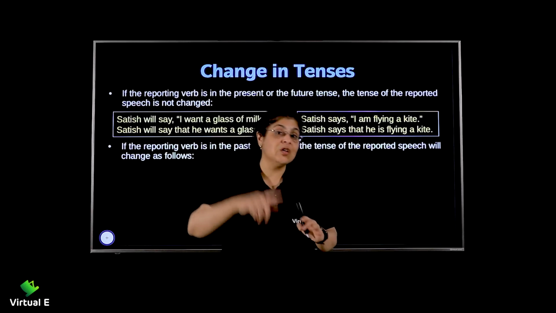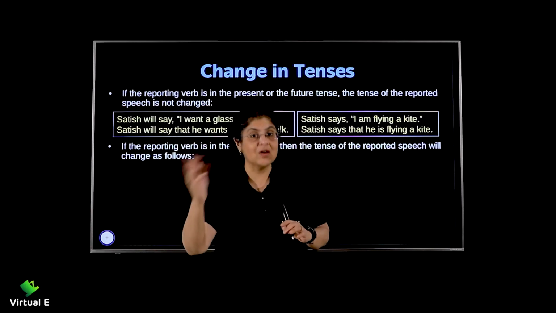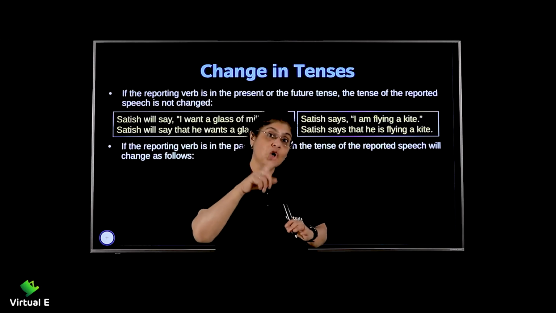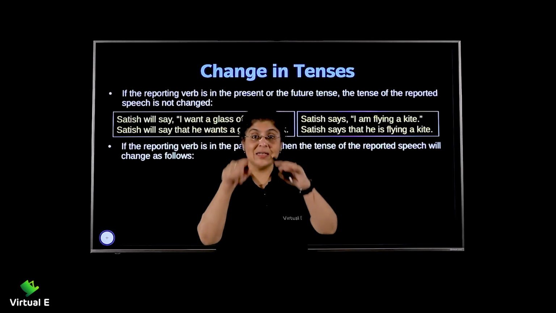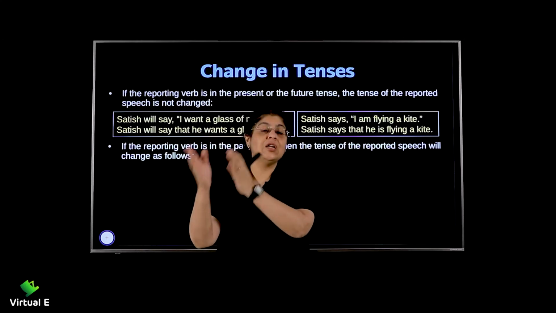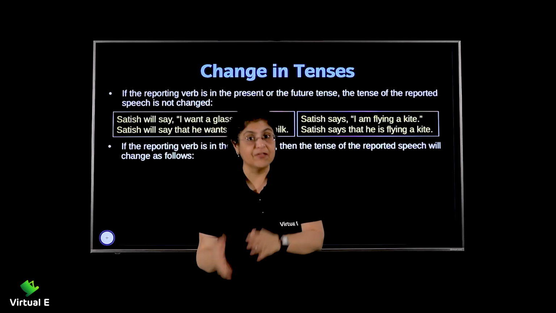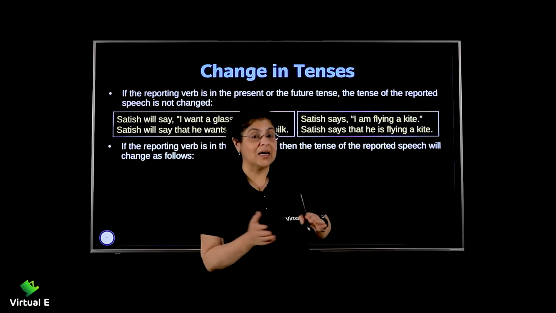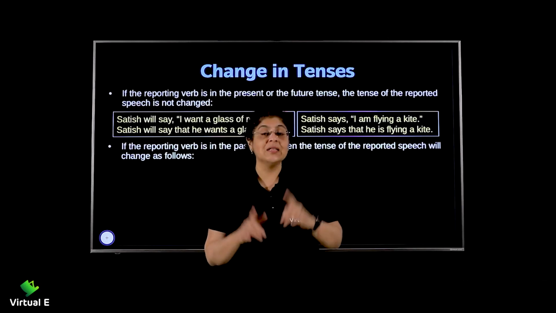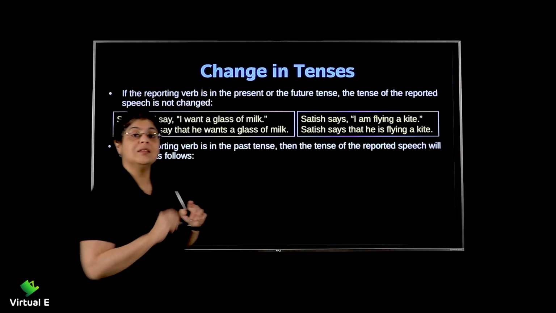Now, you will go and tell your friend or your sibling or anybody after some time, so it will become past. Right now, it is maybe 3 o'clock in the afternoon. You might even go and tell your friend at 3:10 or 3:05. The time is gone, it's past, the tense has changed. So, likewise, we have to take care of all the tenses.